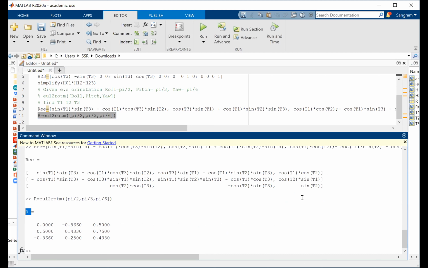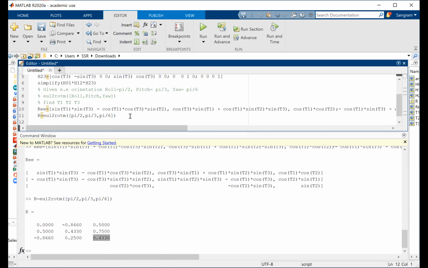Check this out. I want you to look at the last term. Can you see this term is just sine T2? And I want you to look at the last term in R. Can you see this term is 0.433, which means I can say my T2 is equal to asin of 0.433.